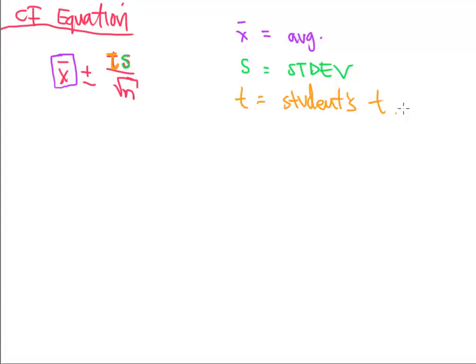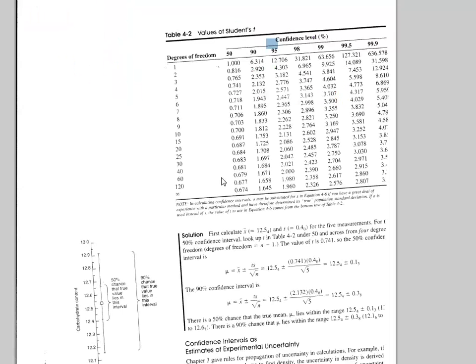So this is a constant that we assign to these calculations. And that constant is found right here on the table, which is why you consistently need to look at the table and understand what it means. If the question says you need a 95% confidence limit, I would go to the 95% column, and these are the constants I would be using in that calculation.